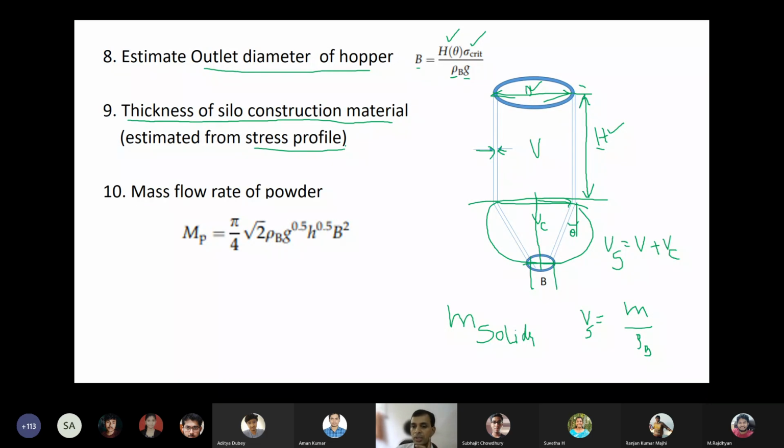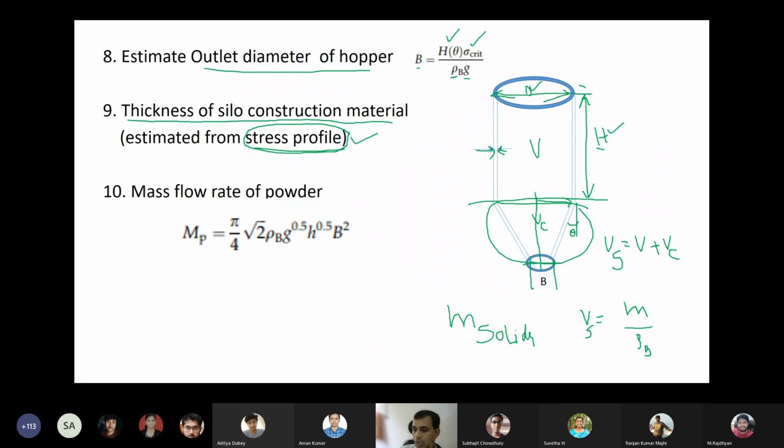For the time being, I will not get into the stress profile. Maybe after 15 minutes, I will come to the stress profile and how to calculate the thickness from these calculations. First of all, I would like to solve one or two problems on this B and cone angle. Then we'll come to other calculations.